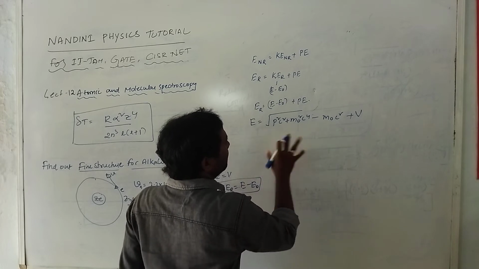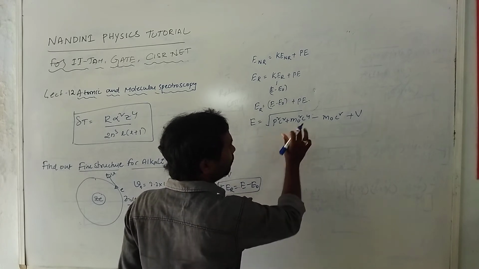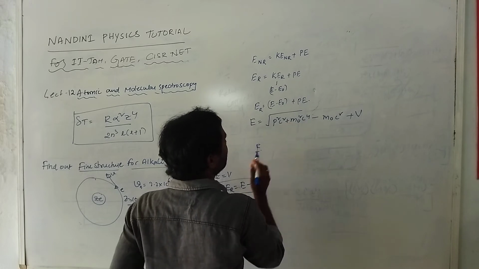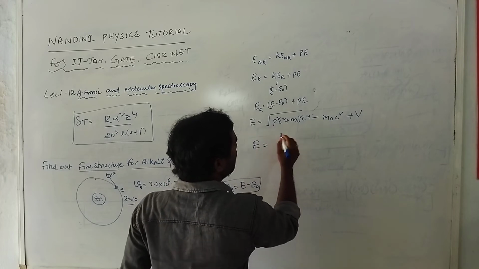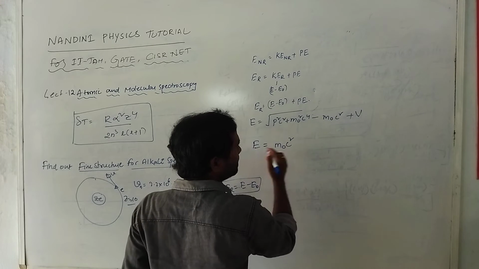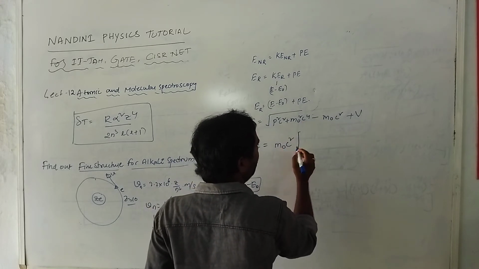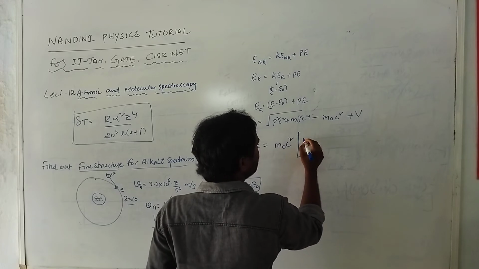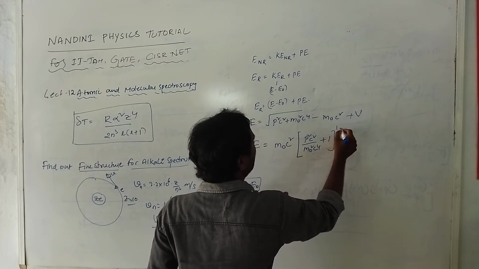Right now I will take m naught c square common from here. The total energy E, from this equation, take m naught c square common outside. So this is equivalent to m naught c square times (p square c square by m naught square c power 4 plus 1) whole power 1 by 2.